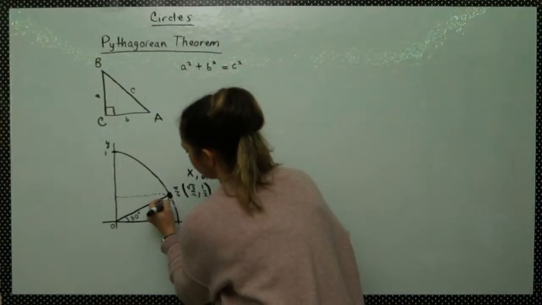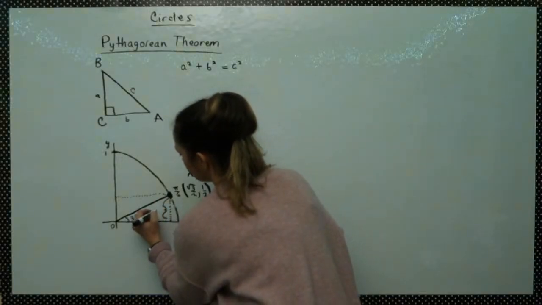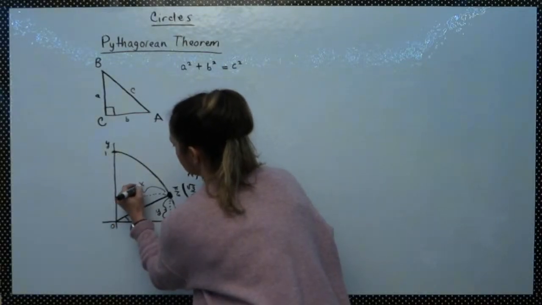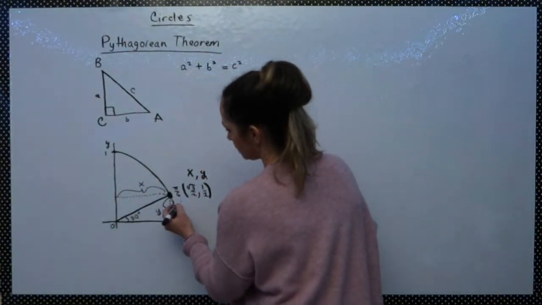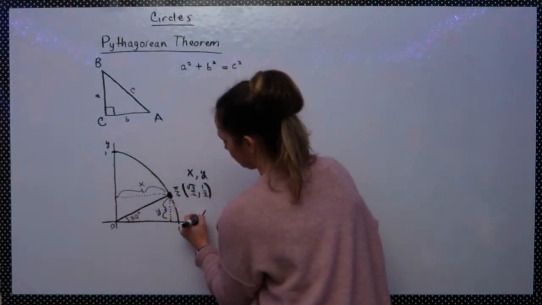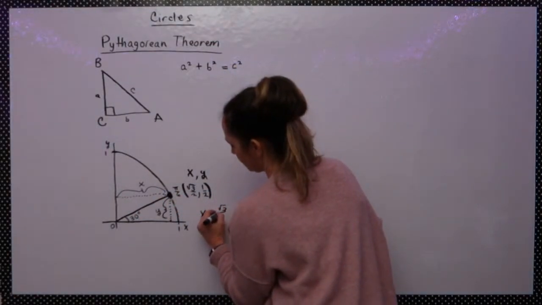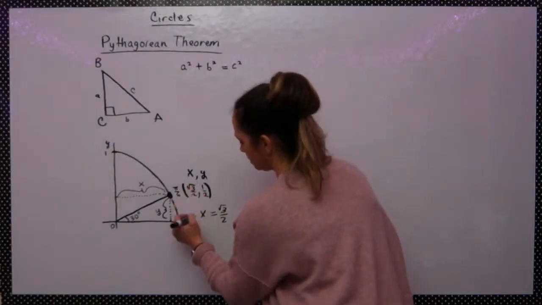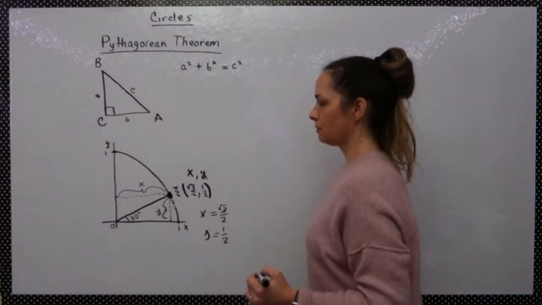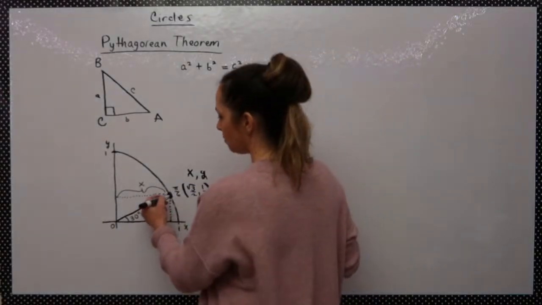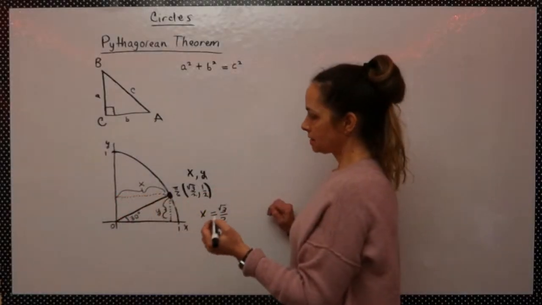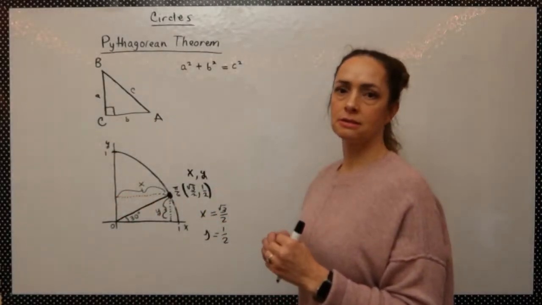You have a y component and you have an x component here. And it's telling you that this distance, x equals radical 3/2, and y equals 1/2. And so it's breaking up all of these points along this unit circle, and it's telling you the exact distances.